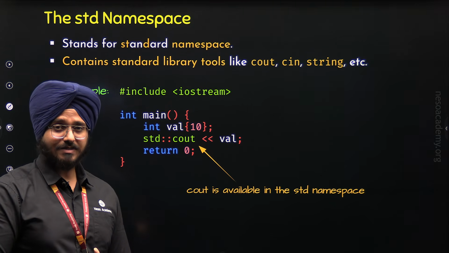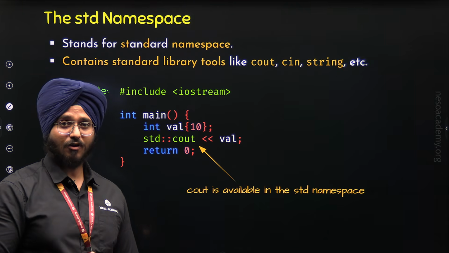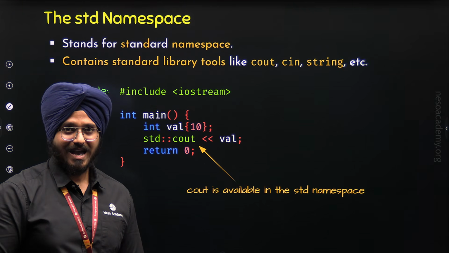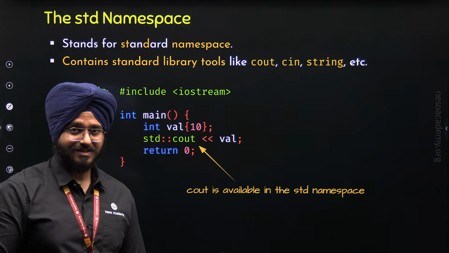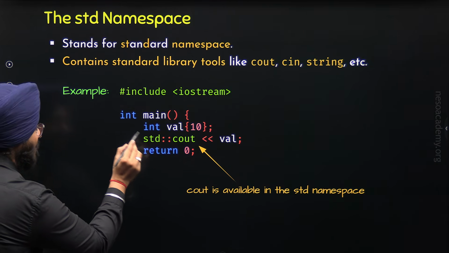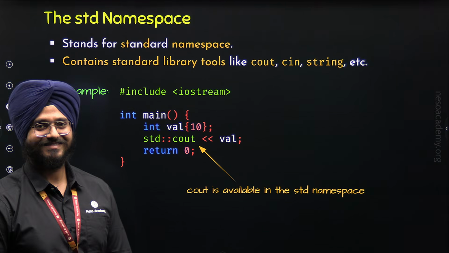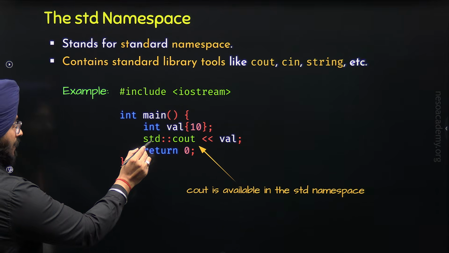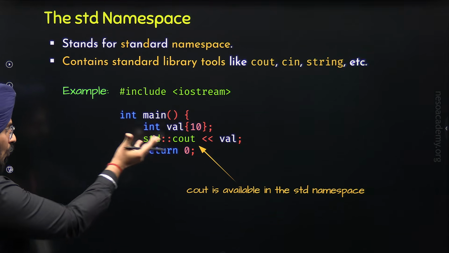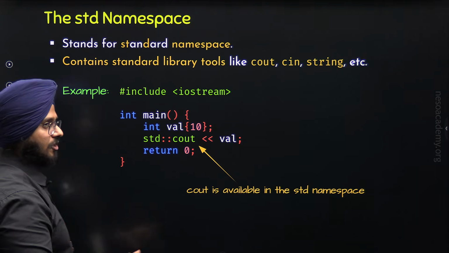We have been using std::cout in this course from the very beginning. But we haven't realized this, that std is the name of the namespace. So this is the namespace or the container which is holding cout object.